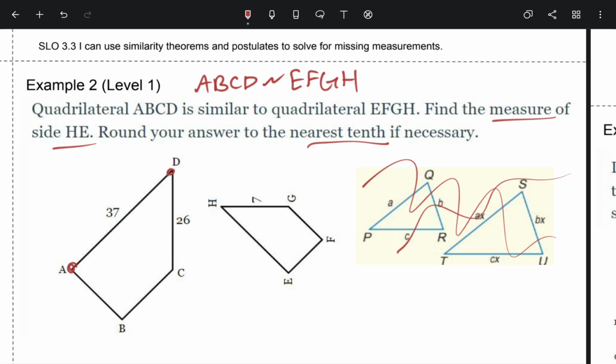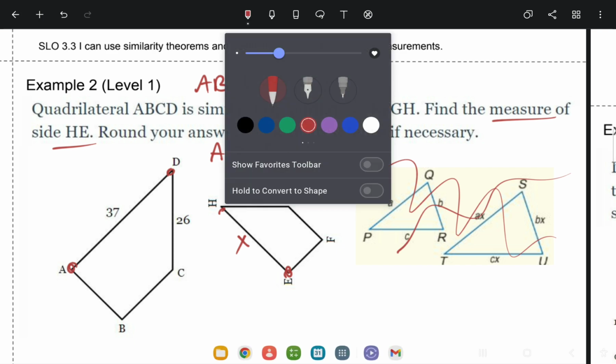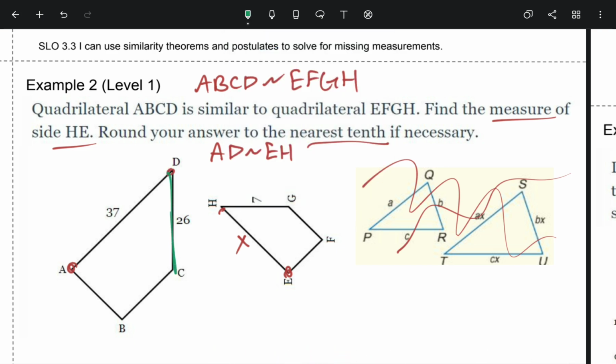So I know side AD is going to correspond to side EH, which is our unknown, and that's what we're looking for. I can also see that we are given side CD and its corresponding side GH. So now that I know those two, I can set them up in a ratio.